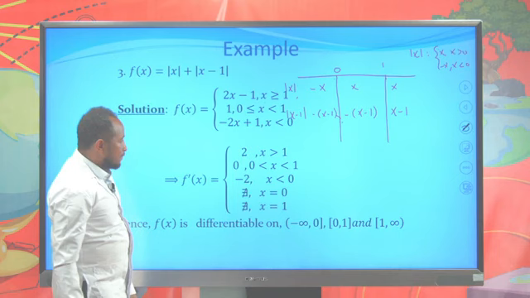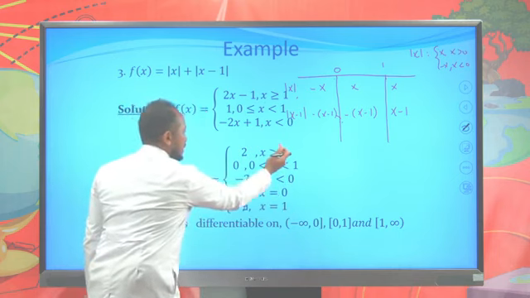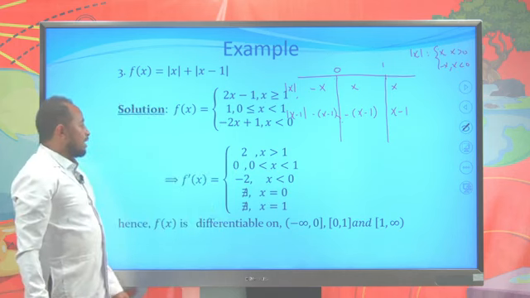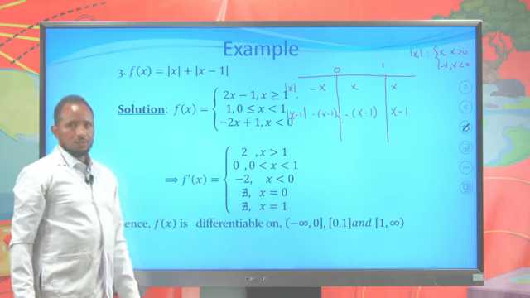And from 1 up to infinity, it is differentiable from the right side of 1. So this is the differentiability interval for this function.